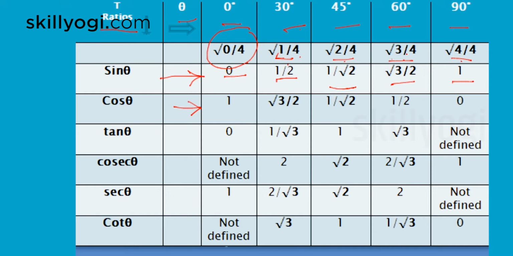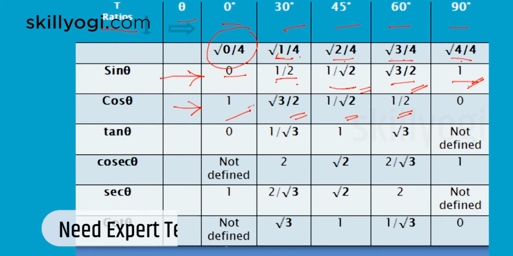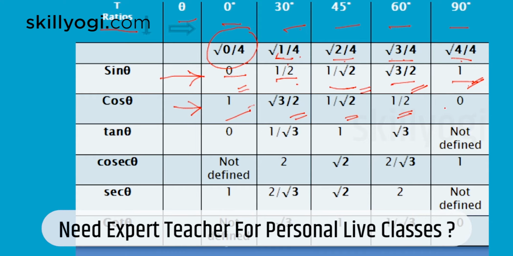That means value of sine 90 will be value of cos 0. Next, √3/2 we will write here. Next value 1/√2 we will write here. Next value 1/2 we will write here, and next value 0 we will write here. These are the values of cos theta. No need to calculate anything. Just write in the reverse order.